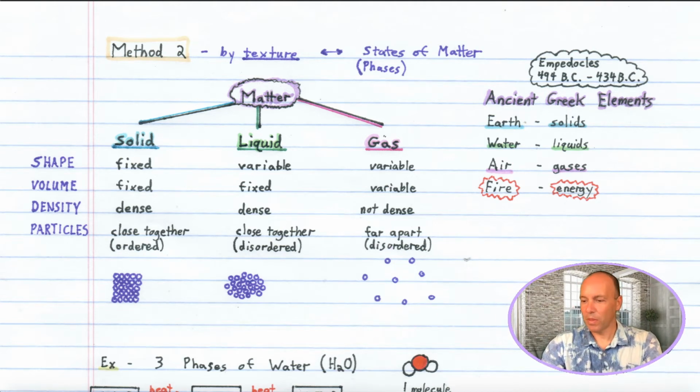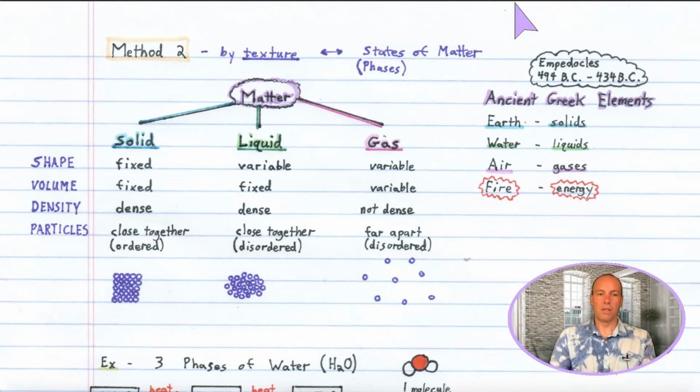So the idea of dividing matter into the three states, solids, liquids, and gases, has also been around for quite a long time, about the same amount of time as the idea of the tiny particles.